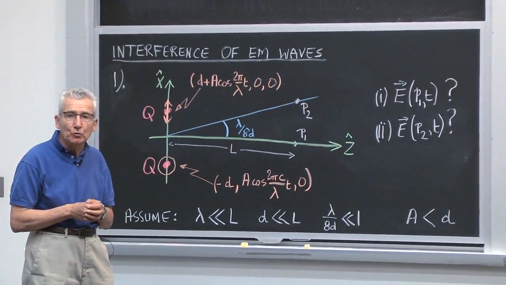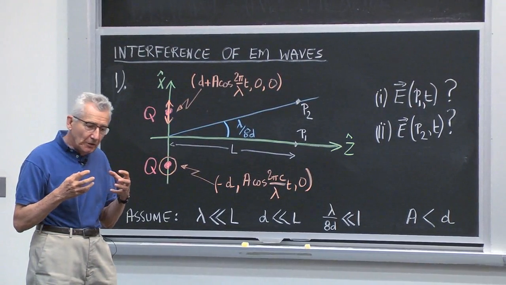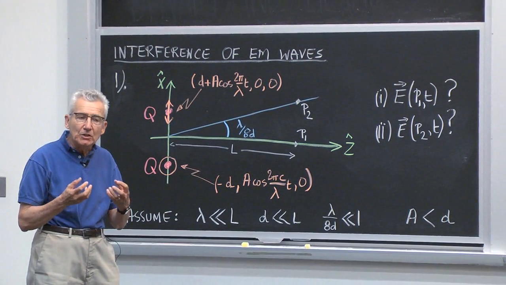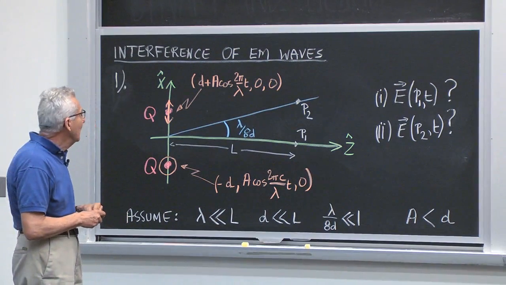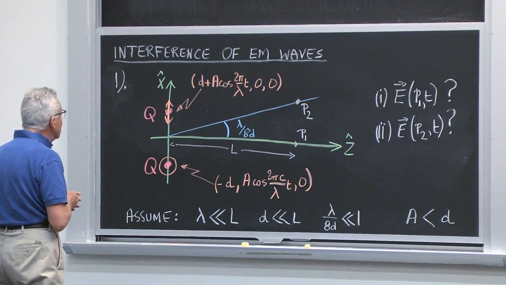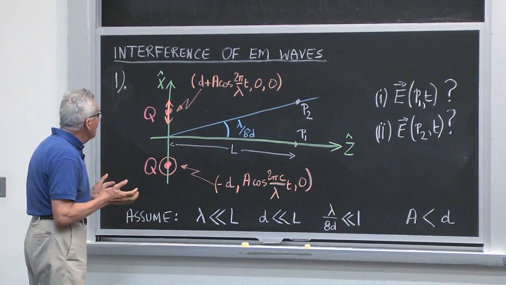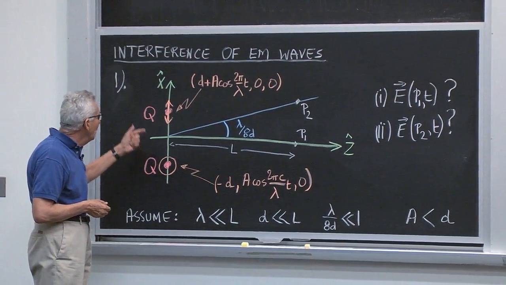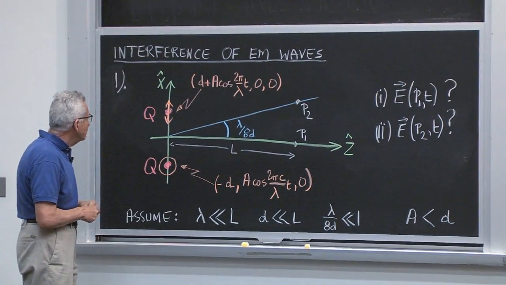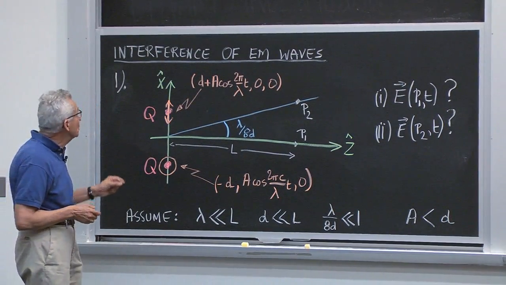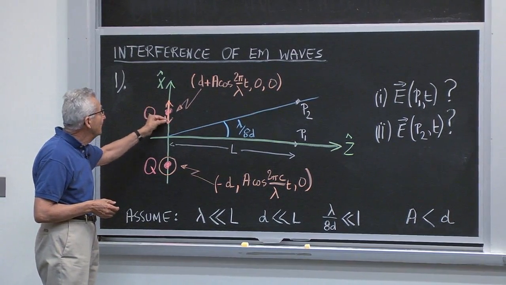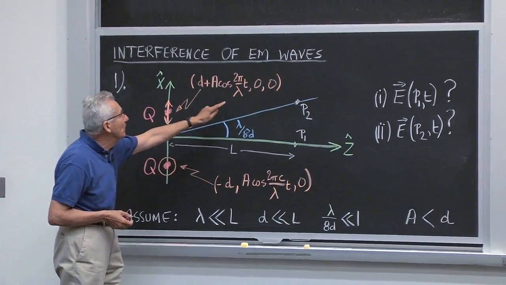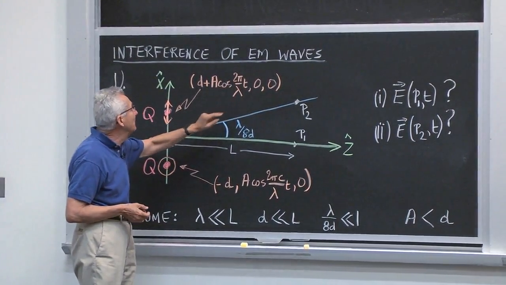All that has to do with when you have more than one source radiating. So the example I'm going to consider is the following. Suppose you have two charges, both Q. Each one is oscillating with an angular frequency 2 pi over lambda.